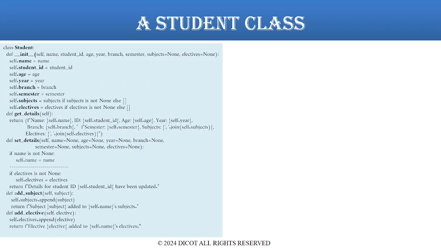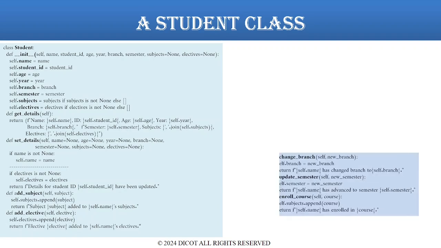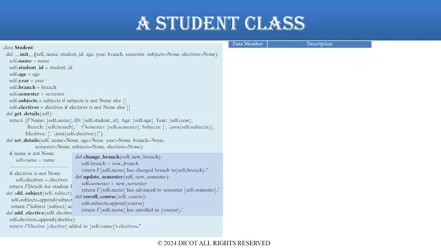Let's consider a Student class used in a student management system for an institute. The Student class has the following attributes: name, student ID, age, year, branch, semester, subjects, electives. Name is the name of the student. Student ID is the unique ID of the student.